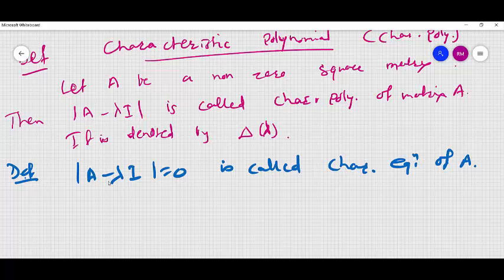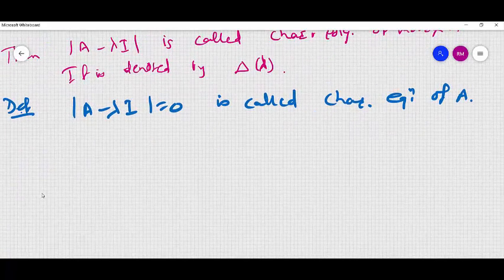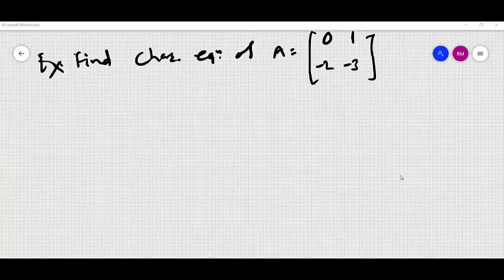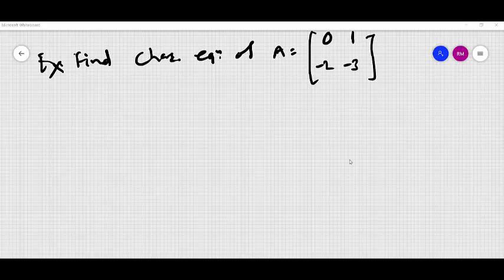So we take one example. Now the question is asked: find the characteristic equation of A. We have given A, a square matrix of this form.